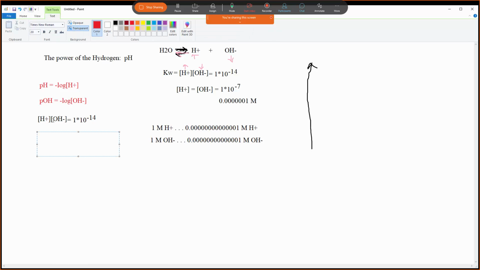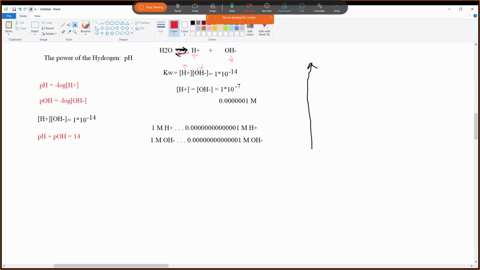So the minus log of this side actually ends up giving you, because of the power of logs, which I'm not going to review, the pH plus the pOH. And the minus log of 1 times 10 to the negative 14th is just 14. So just how the two of these, when multiplied together, will always equal 1 times 10 to the negative 14th, the two of these, when added together, will always give you 14.